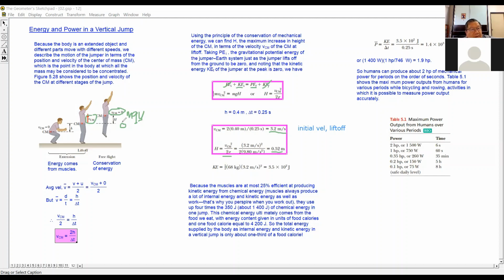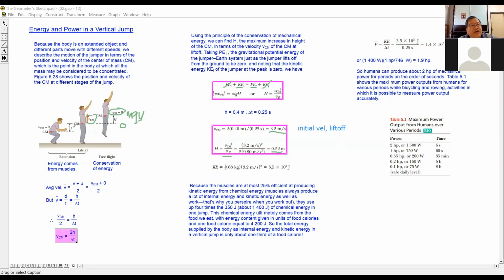0.52 meters. Okay, so in the first stage, the energy comes from the chemical energy, and the chemical energy is converted into the energy stored inside the muscles. So the muscles stretch up, then this person can leap with a certain velocity.